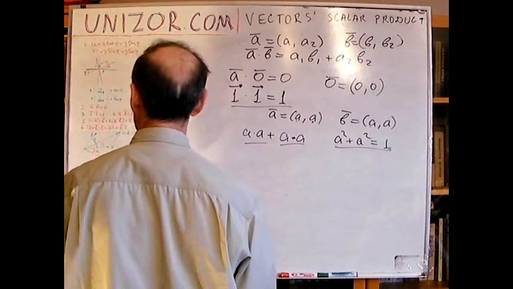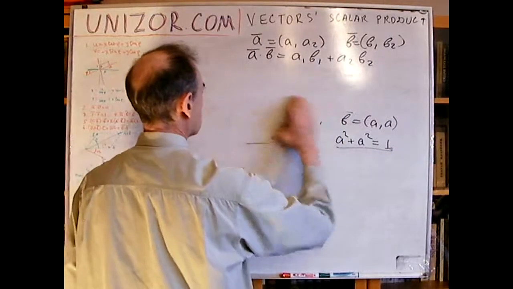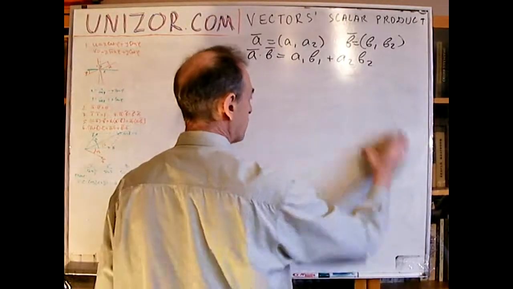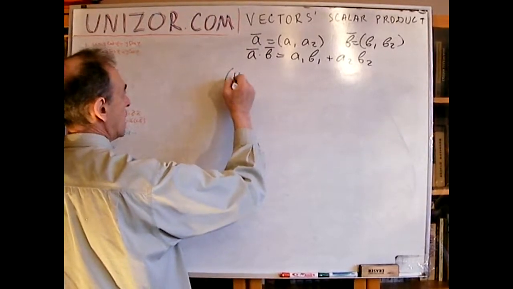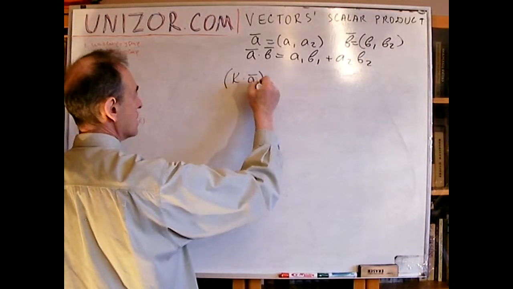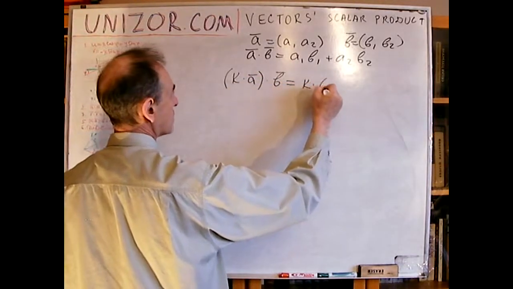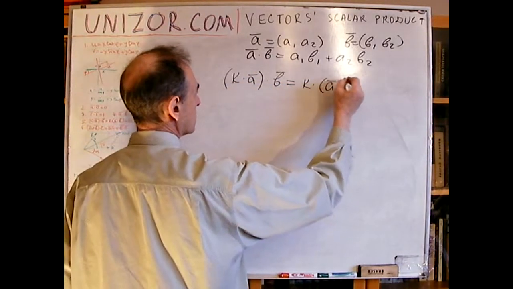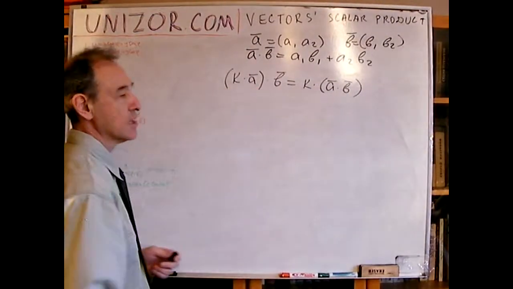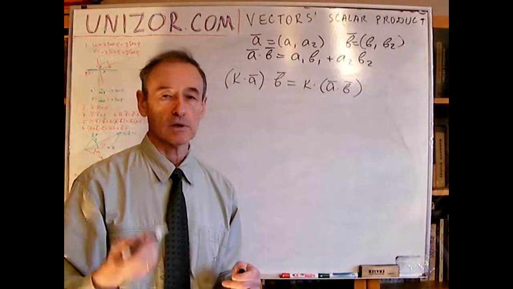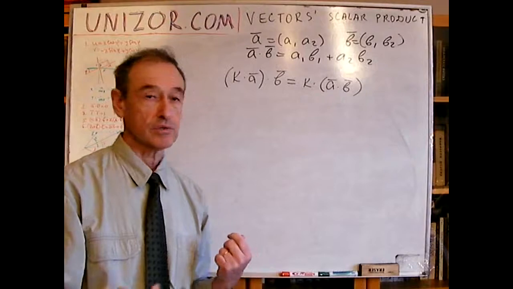That's easy too. Next is associative law relative to multiplication by a constant. So k times vector a scalar product by b is equal to k times scalar product a times b. Well, this is again very trivial, because what is the multiplication of the vector by a constant in coordinate representation?